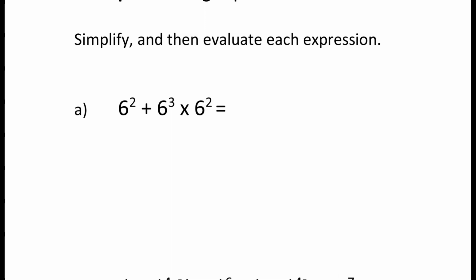Well, we're not going to combine this part because it has the addition in between here, but we can combine the 6 to the power of 3 multiplied by the 6 to the power of 2. So first you write out your 6 to the power of 2 because that's continuing on and we're not doing anything with that yet, plus 6 to the power of 3 times 6 to the power of 2.